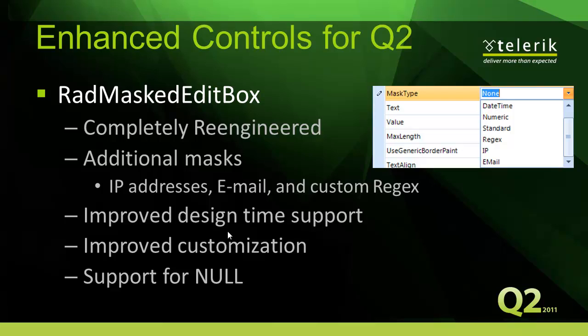So with the RadMaskedEditBox, easy for me to say, completely re-engineered. Again, just like some of the Q1 controls. We've added some additional masks, IP addresses, email, and the ability to do custom regular expressions, or regexes. We've got much better design time support. We've got much improved customization, and we have support for nulls.